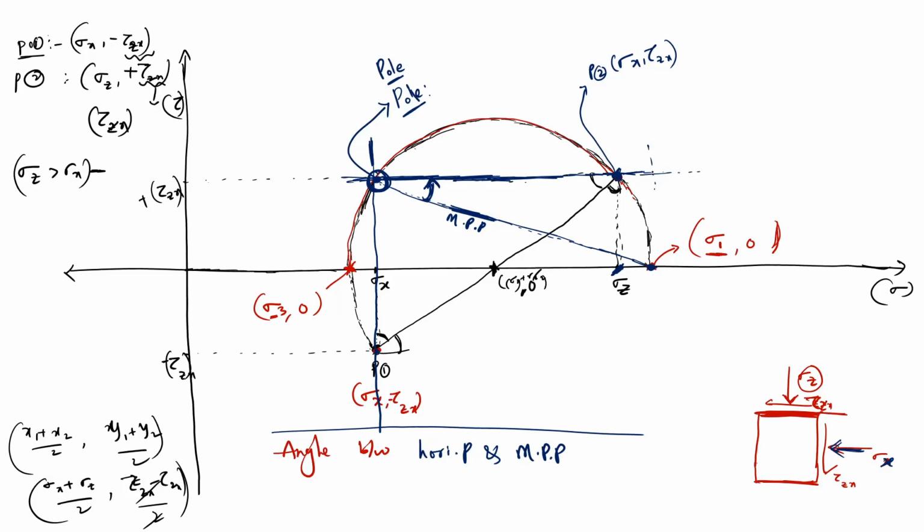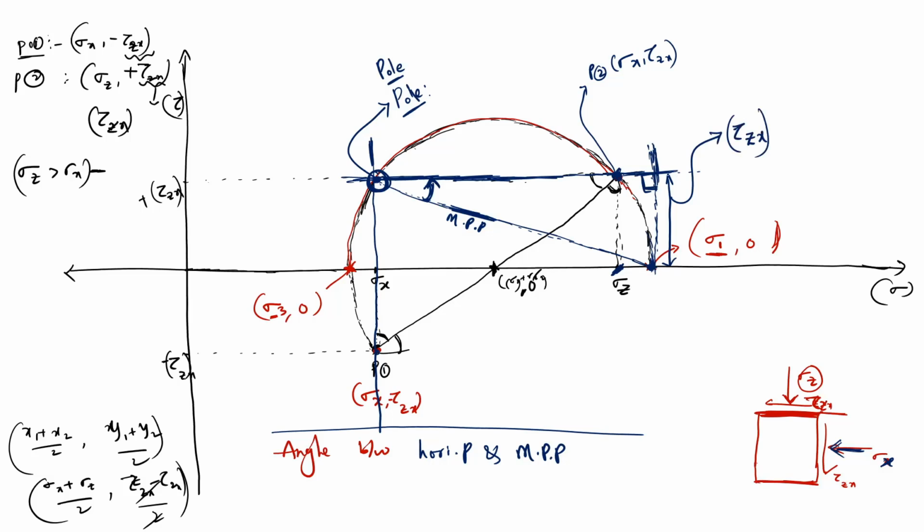I'll draw a vertical line from sigma 1, and extend the horizontal line. This will become 90 degrees. And I know this height: this height is equal to tau zx, right?